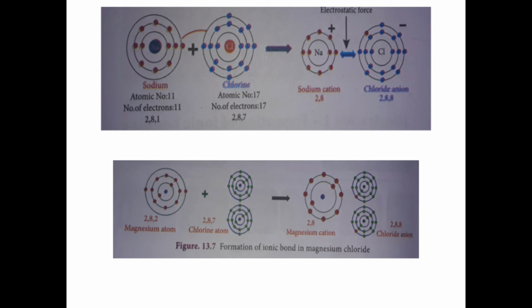Okay, so here what happens? See, magnesium's arrangement is 2, 8, 2, and in chlorine it is common, 2, 8, 7. The 2 excess electrons in the magnesium will be shared equally by the two chlorines.